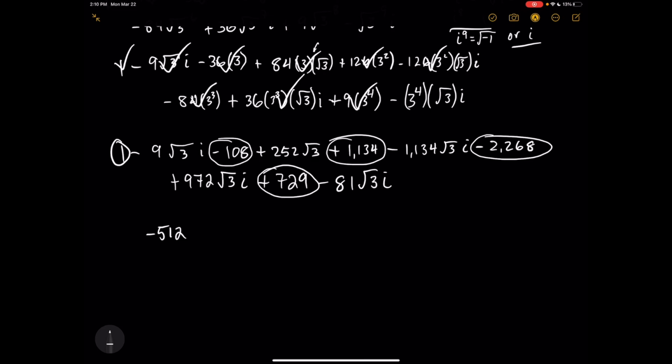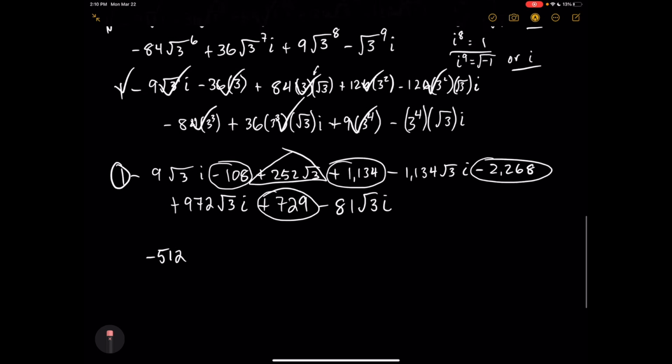We'll see. And then let's do just the root 3's next. So I've got root 3. Oh, that's a root 3 i. Oh, it's just that one that's a root 3. So the rest are root 3 i's. Did I do that right? Let's see.